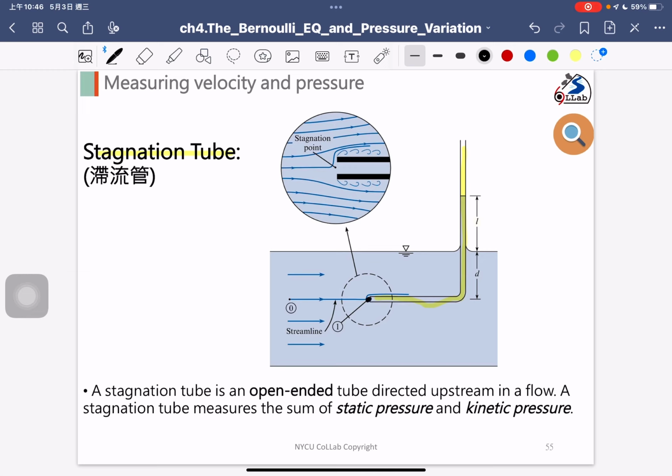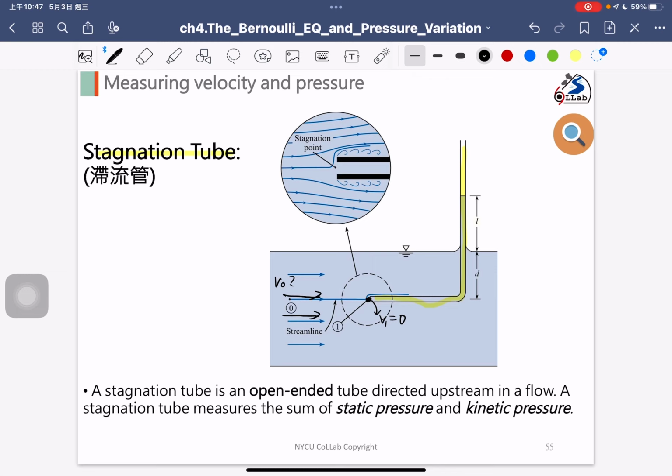The famous point here is our stagnation point, and we want to measure the flow velocity in the free stream field. So we want to know how large V0 is, and we know V1 is at the stagnation point, so V1 will equal 0.